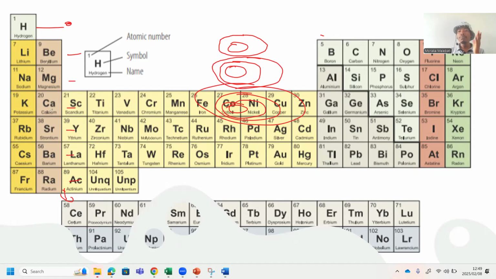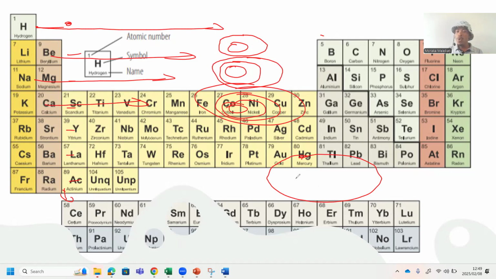When you are moving from left to right across a given period, the atomic number of the element increases. So if the atomic number of the element increases, it means you are increasing the nuclear charge. It means you are increasing the charges within the nucleus. So if this is the nucleus, you are increasing the number of charges within the nucleus.